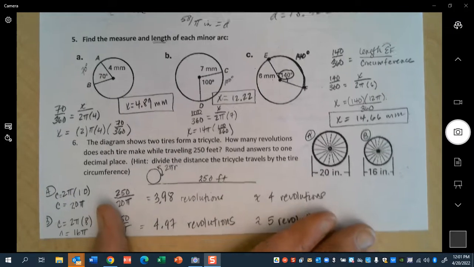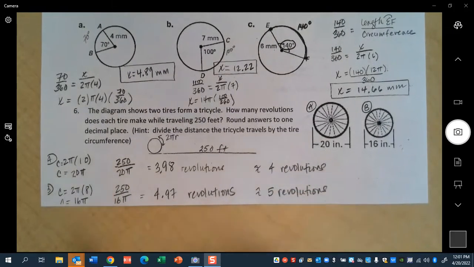And I love this problem here. Have you ever been on the bike path or around your neighborhood and you've seen mom and dad on their big bicycle with their big tires, easy peasy, and the little kid going so fast? It's because with the smaller diameter of the wheel, it goes that many more revolutions.